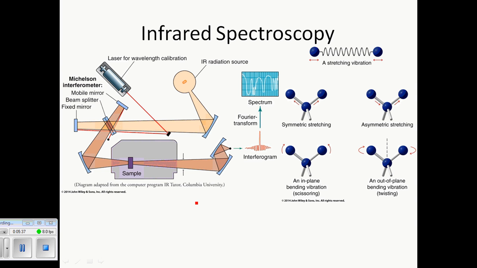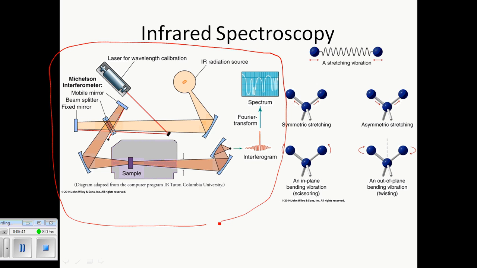So here you see a diagram of IR, and you can read more about that in your book. They produce a spectrum. That spectrum represents how atoms in a molecule interact with each other. So whether you have a spring-like stretching, or you have symmetric stretching here, or asymmetric stretching, or in the plane or out of the plane, those all give you different spectra peaks or absorbances on a spectrum.